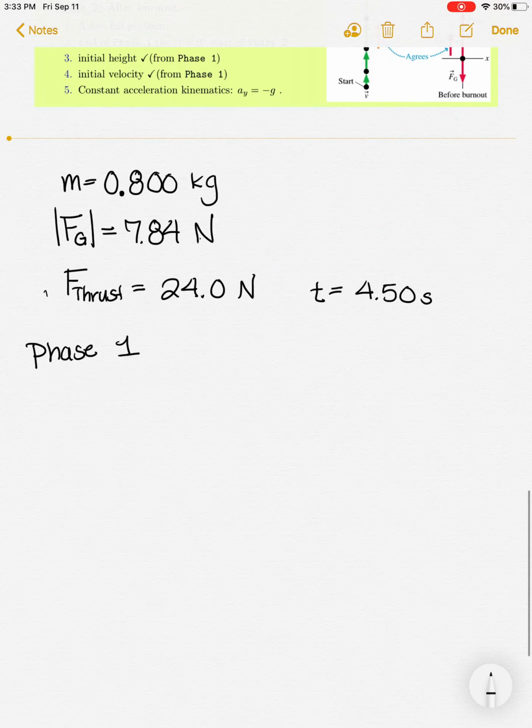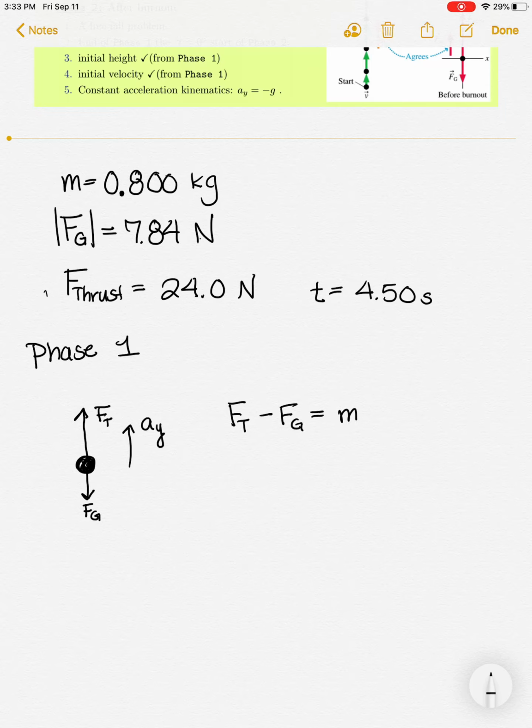So in the first phase, let's say that this is the center of mass of the rocket. We have F thrust, we have Fg, and we know that we have some acceleration in the Y. So then we can say F thrust minus Fg is equal to mass times the acceleration in the Y by using Newton's second law. So then we have 24 minus 7.84 is equal to 0.8 times AY.